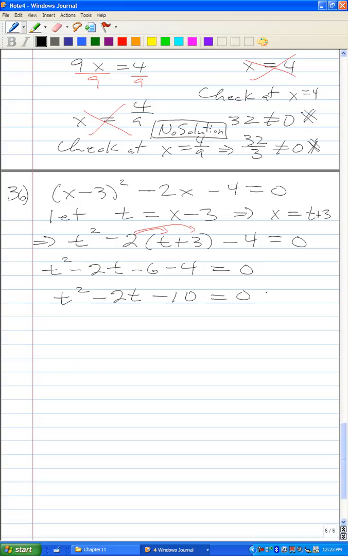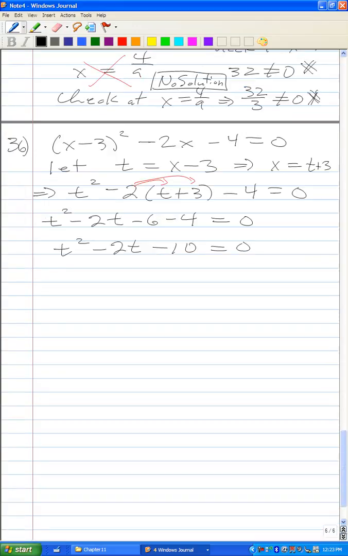You could try to factor that, but I guess you really can't factor that. So let's use the quadratic formula. Negative b plus or minus the square root of b squared minus 4ac all over 2a.